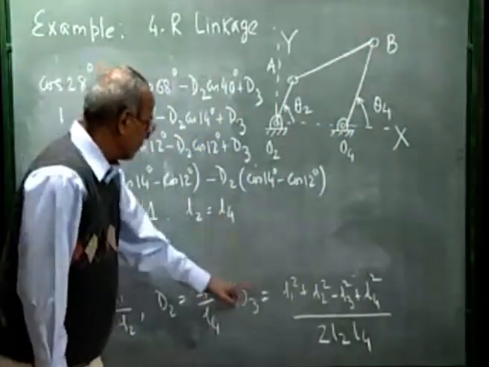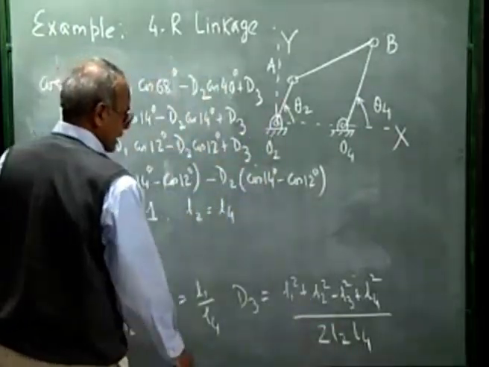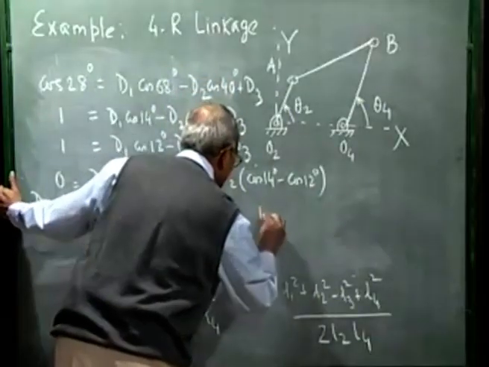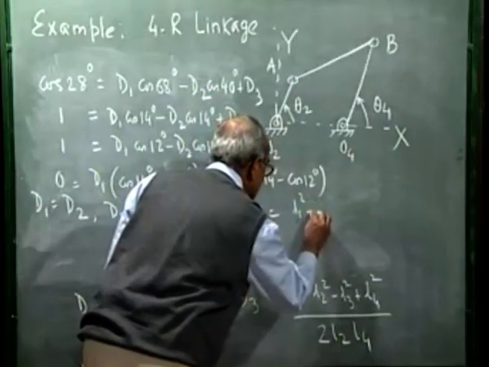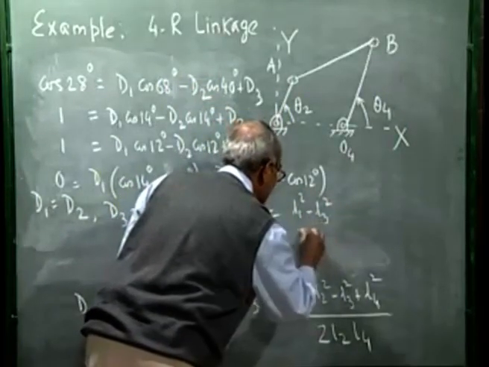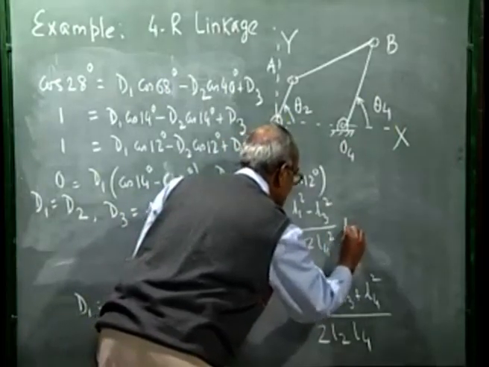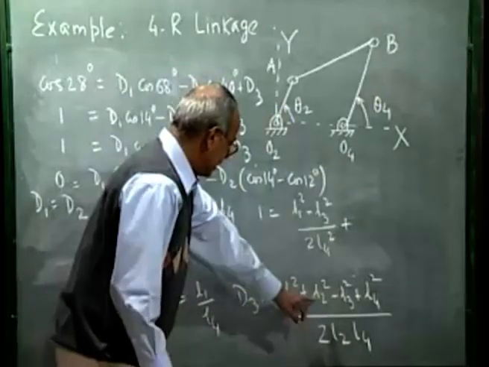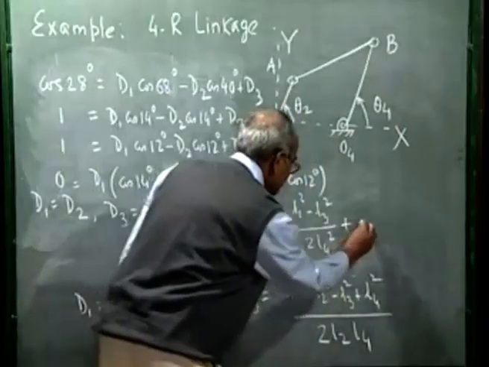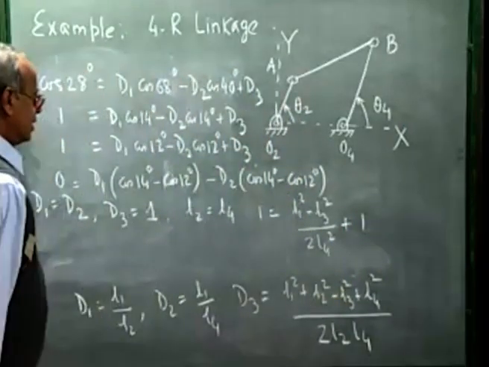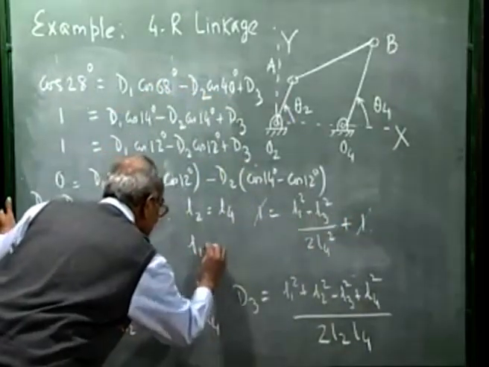If I put L2 equal to L4, then 1 equals L1 squared minus L3 squared divided by 2 L4 squared, plus L2 squared plus L4 squared is 2 L4 squared, and this is 2 L4 squared, so that is 1, which clearly tells me 1 cancels, L1 is equal to L3.